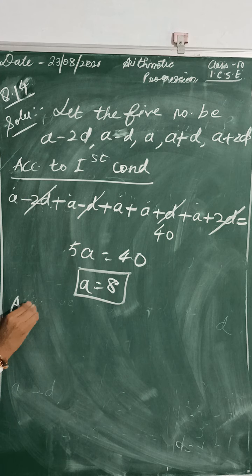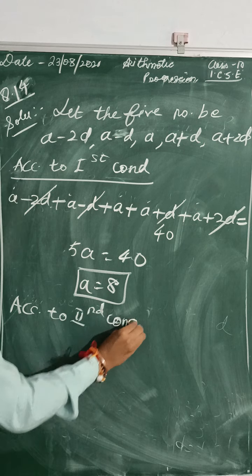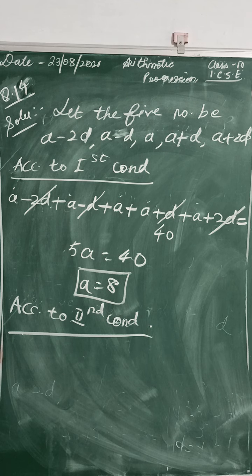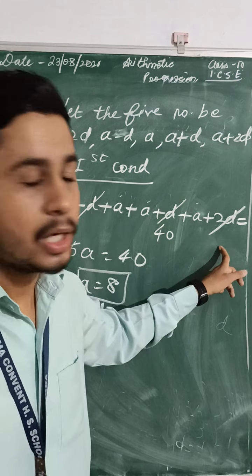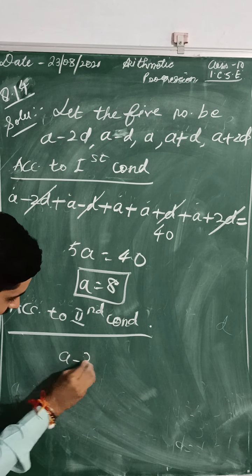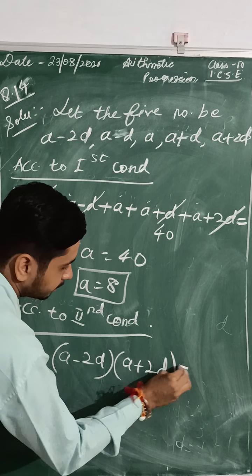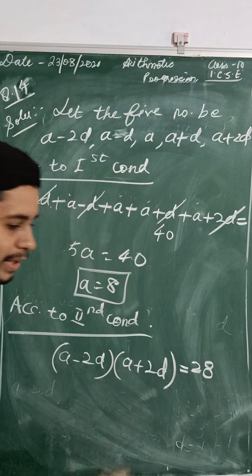According to the second condition, we are given that the product of the first and last term is 28. So the product of first and last is a minus 2d, a plus 2d is equal to 28.